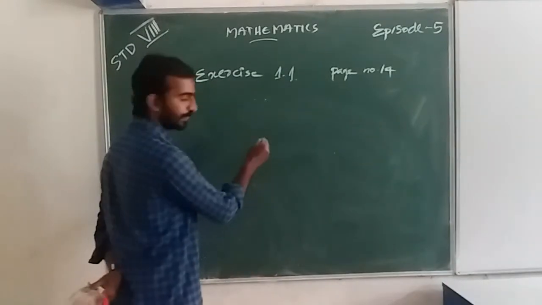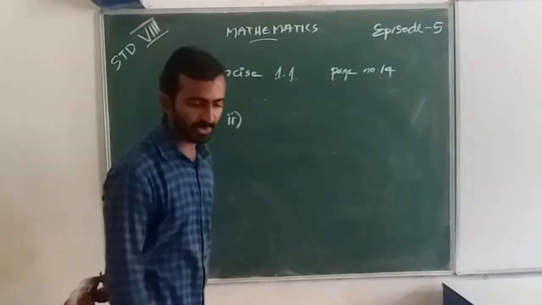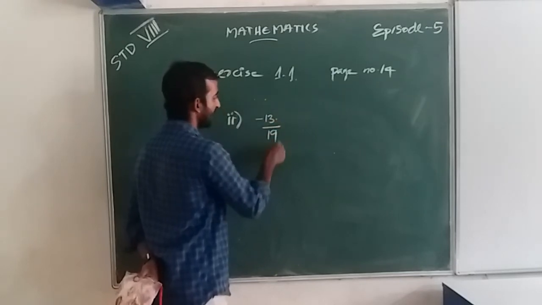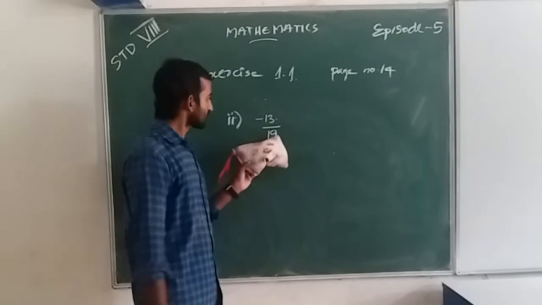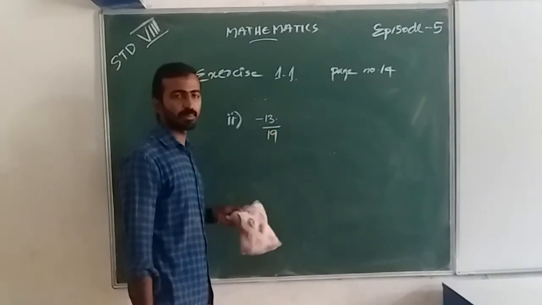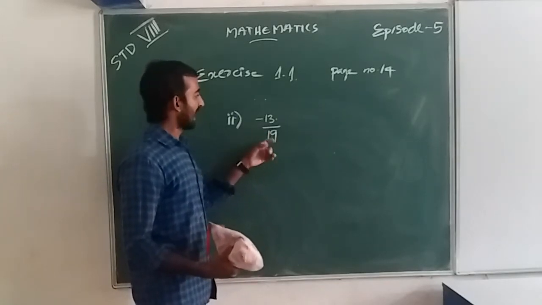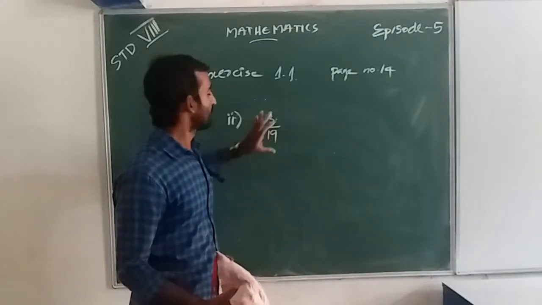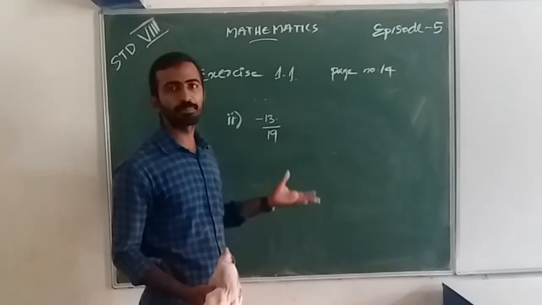The second one is minus 13 by 90, a rational number. Here minus 13 is the numerator and 90 is the denominator. To find the multiplicative inverse, we take the reciprocal of the rational number.